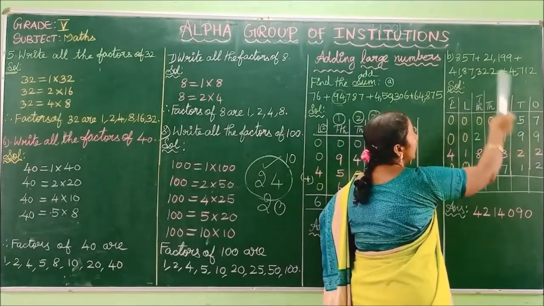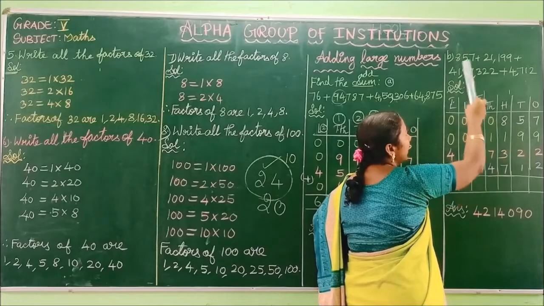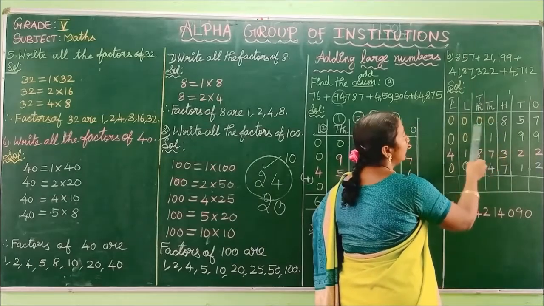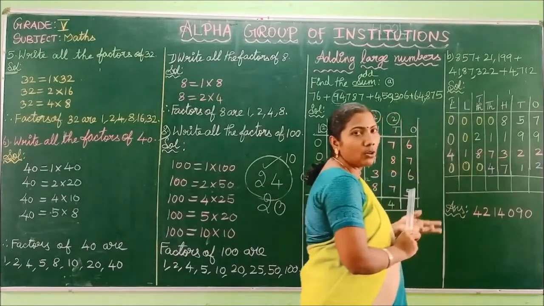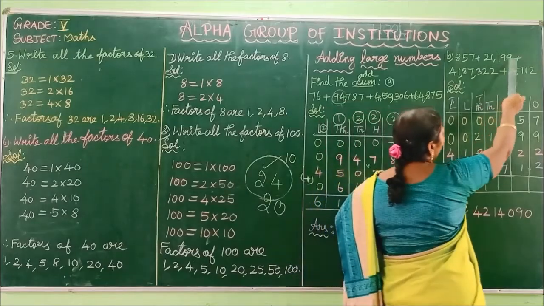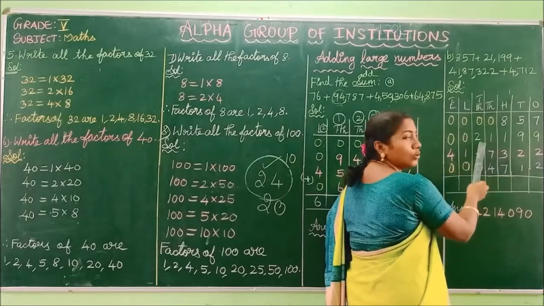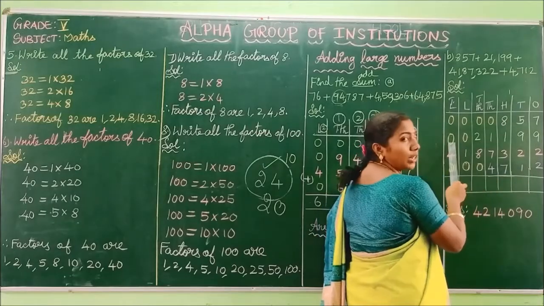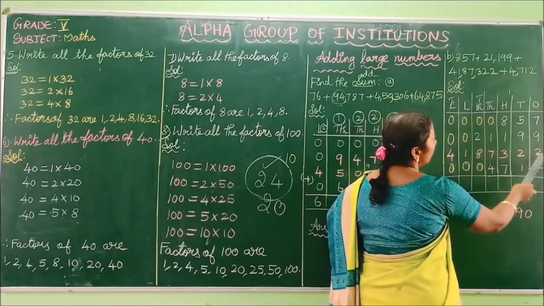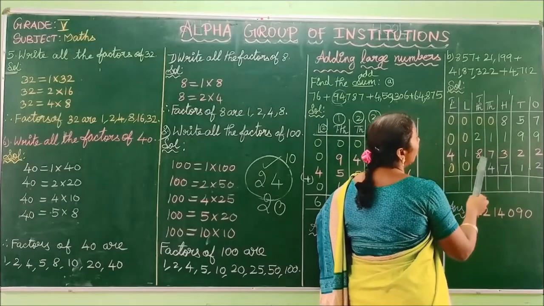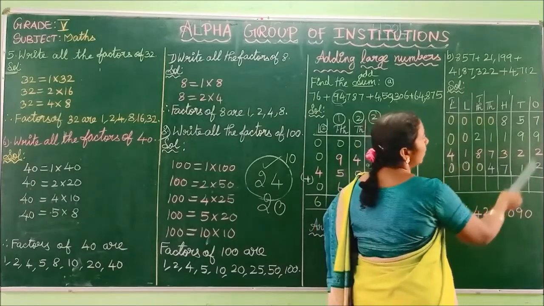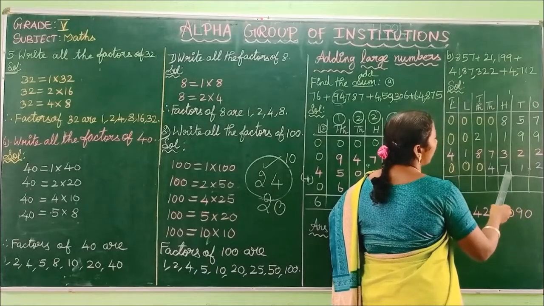So write 7 in ones place and 5 in tens place, 8 in hundreds place, and in the remaining place values we add 0. Okay. And write the next number 9, 9, and 1, 2. They add 0 in the remaining place values. And write the next number 2, 2, 3, 7, 8, 1, 4. And write the last number 2, 1, 7, 4.